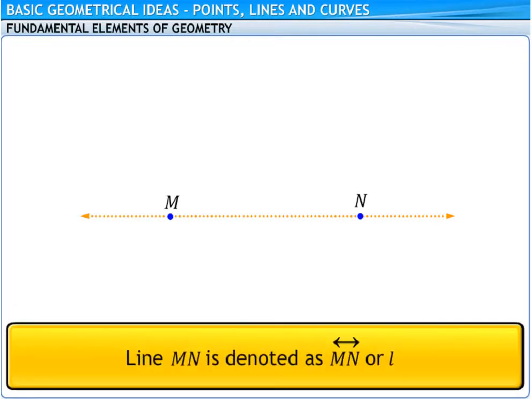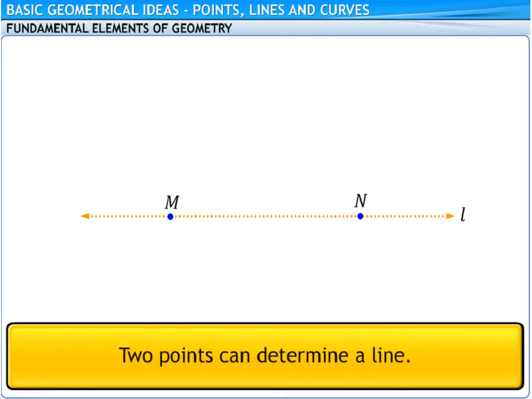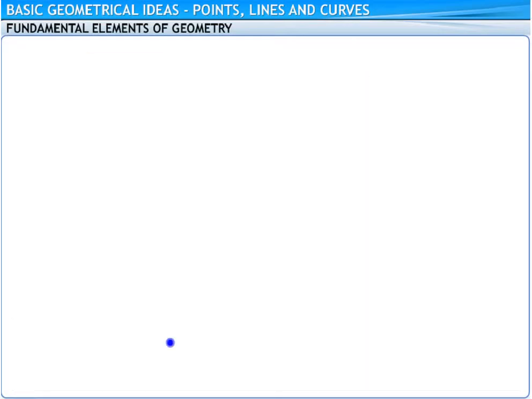It is read as line MN and is denoted by an arrowhead above it. A line may also be denoted by small letters of the English alphabet. One and only one line passes through two distinct points. Hence, 2 points can determine a line.